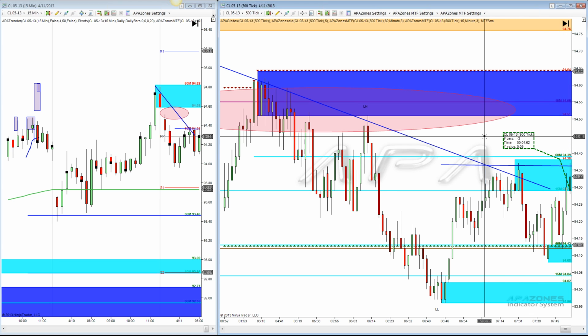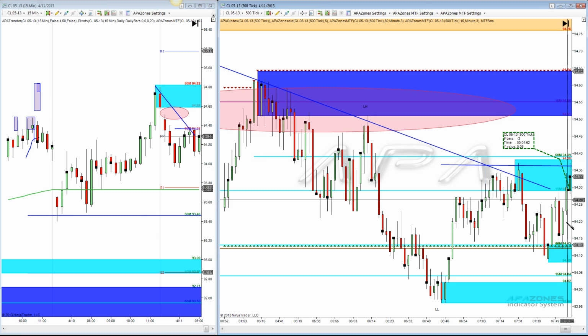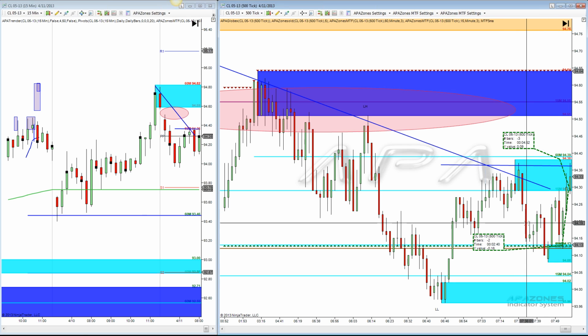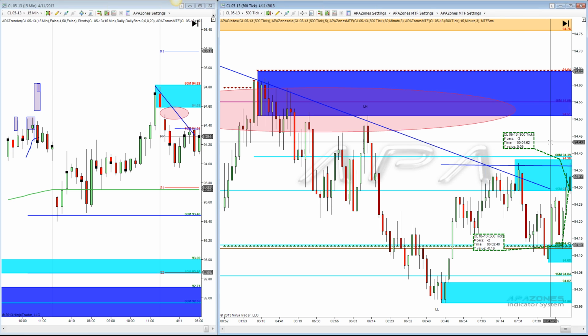Okay, so that's what I'm looking at for a risk to reward. Just take it back down there at the Globex low. So that's a little bit better than 1-to-1. You're almost at 2-to-1 right there. So that's not bad at all.